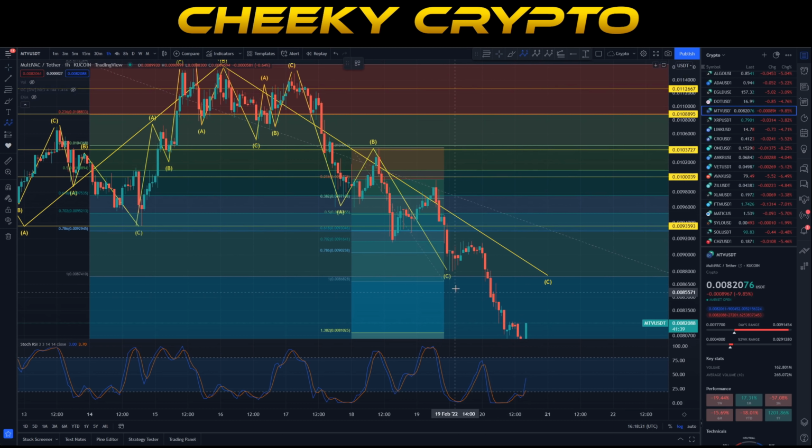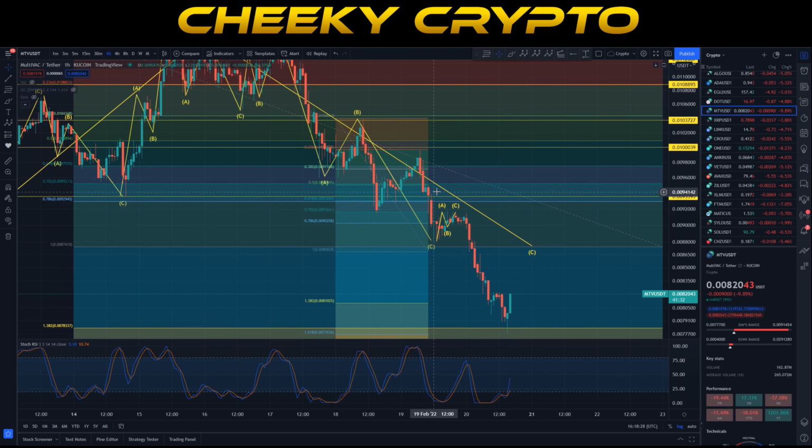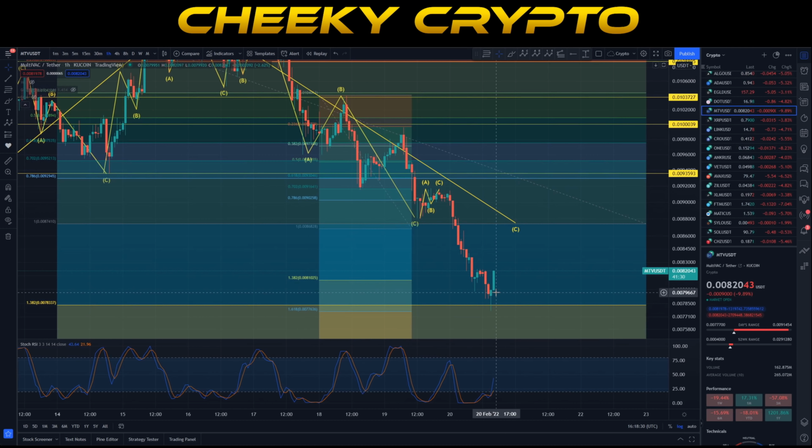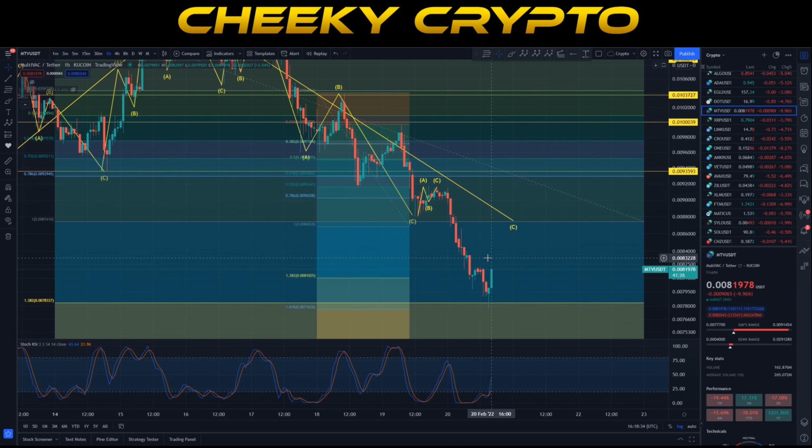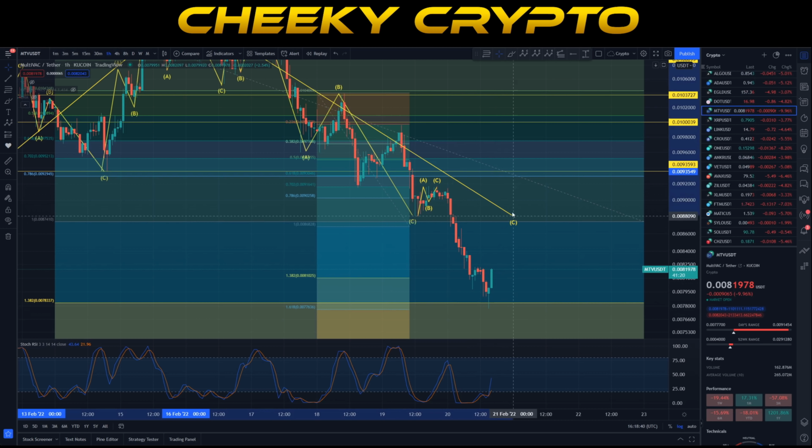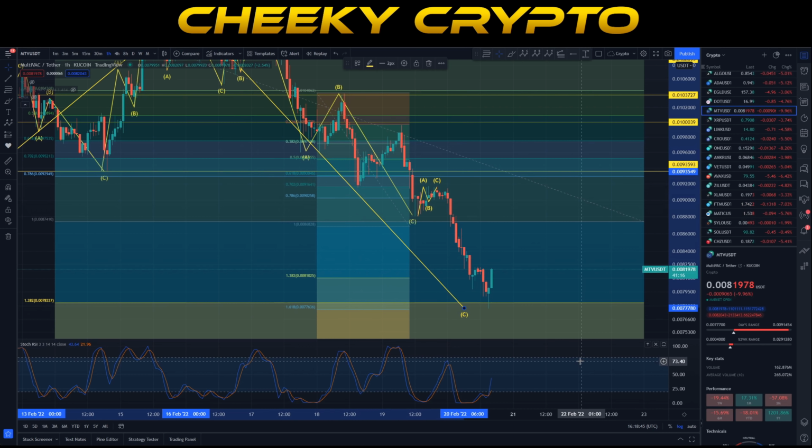So we're going to quickly mark that up. We actually have an A, a B, and a C just in here with basically a double or triple top, and now we're coming back down. Now this move to the downside is overly concerning, because effectively we have now triggered a 1.618 of the A wave. So on the larger scale, we have this C wave coming all the way to this point.